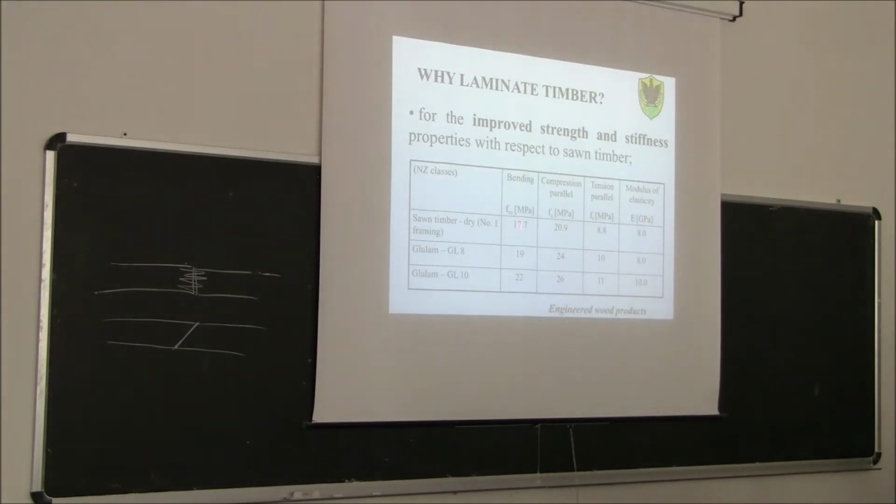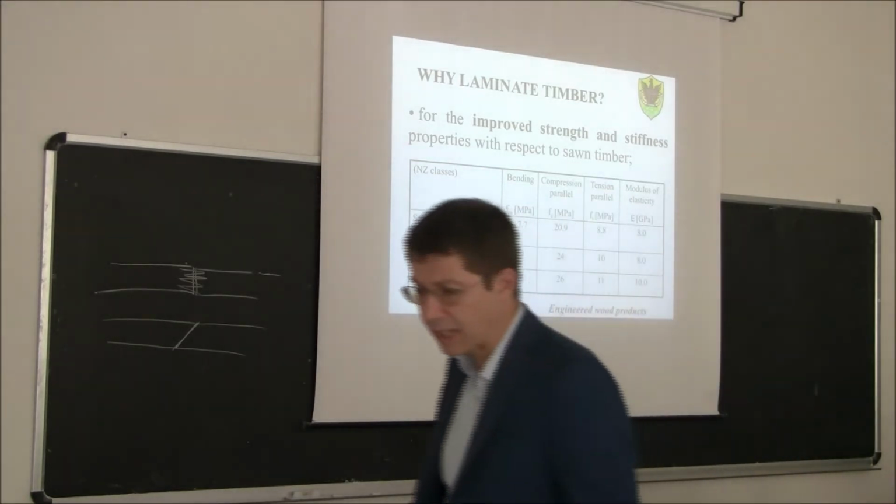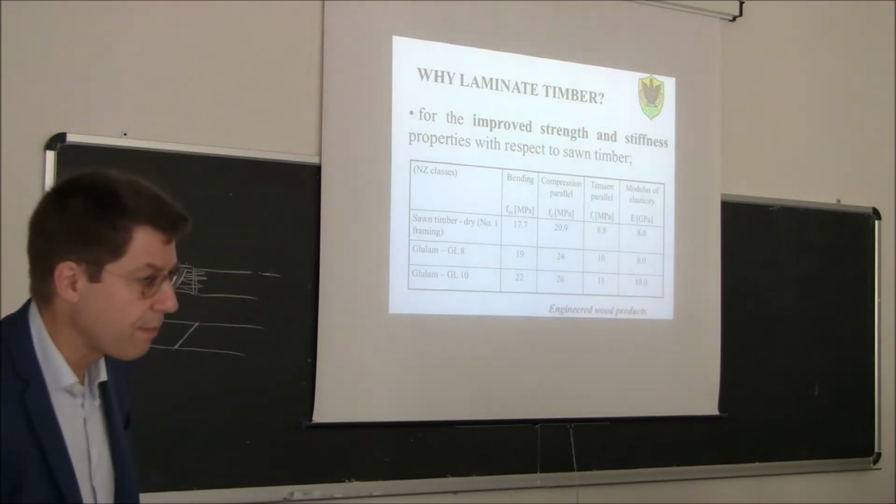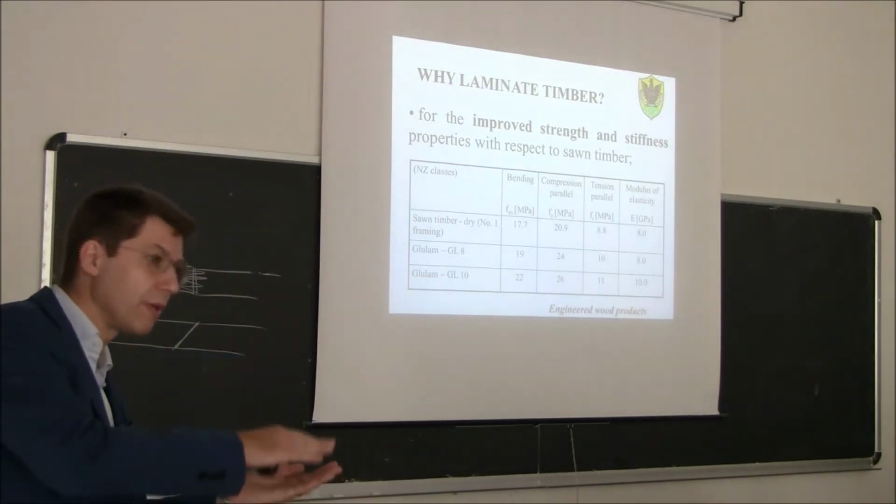From the sawn timber out of radiata pine or out of spruce, you can get a bending strength of, let's say, 18 megapascal. Then if you use the planks out of the same material, the same grade, and you glue them together, rather than using them separately, you can get this glulam here, and you can improve the strength from 18 to 22. So there is an increase in strength just due to the fact that we have cut the wood in smaller pieces and made a new product by re-gluing the same pieces.